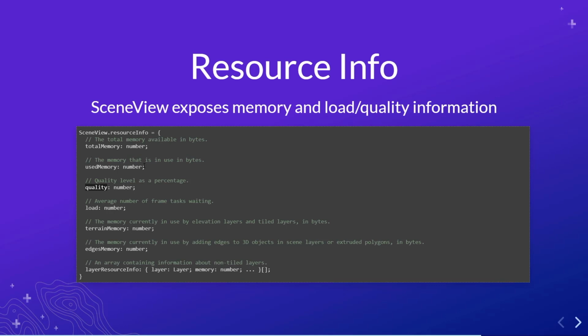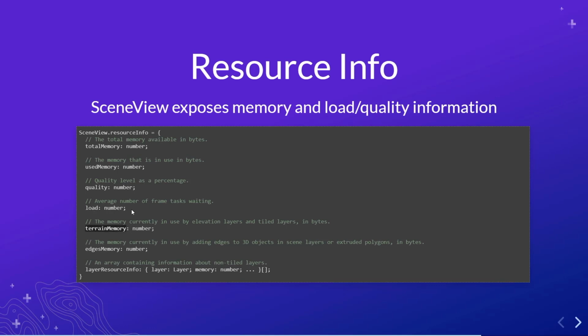So we actually show it in a worse geometrical representation than we think we should, and we communicate this drop in quality through this number. Then the load property of the resource info will just give you a hint on how many things are currently happening in the API, what the number of tasks that we need to work every frame is currently.